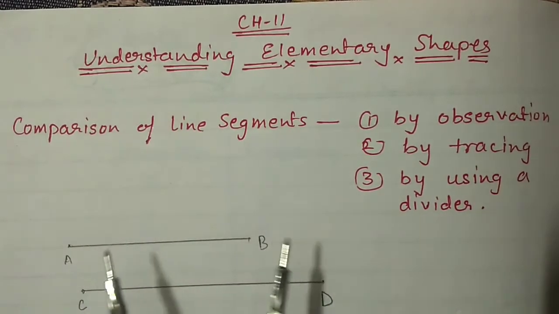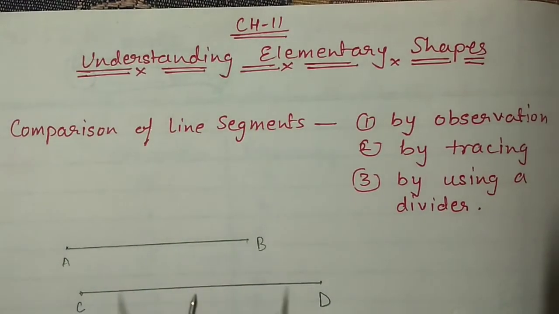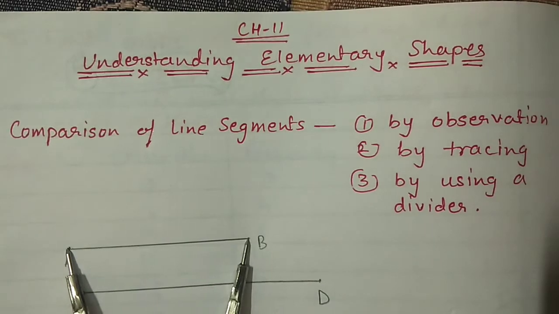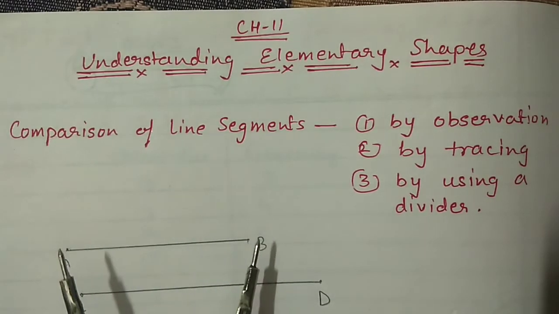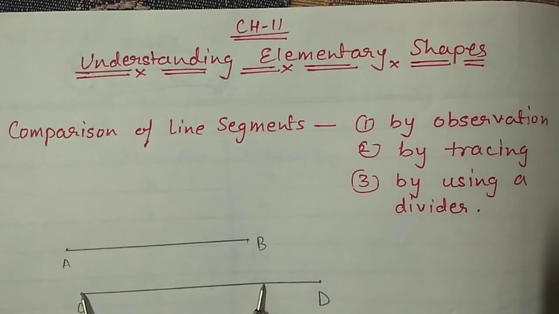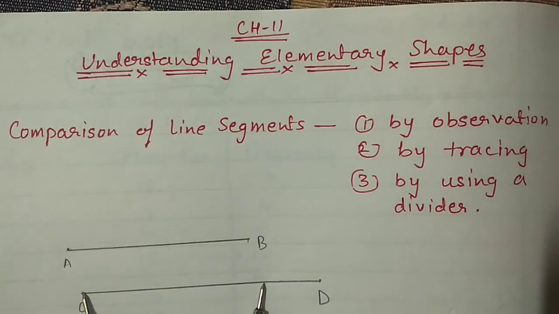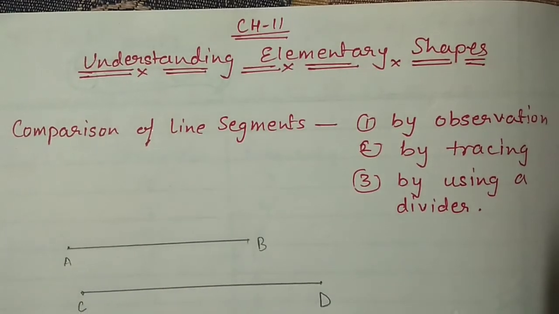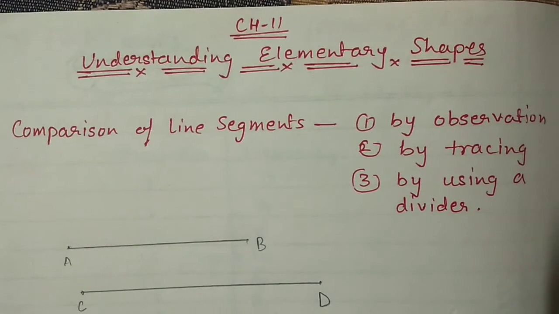For example, first you keep your divider on the first line on both the corners, and now the same divider you take and keep on the other line. So you can see this AB measurement is here to here and this CD is more than AB. Like this also you can compare two line segments.